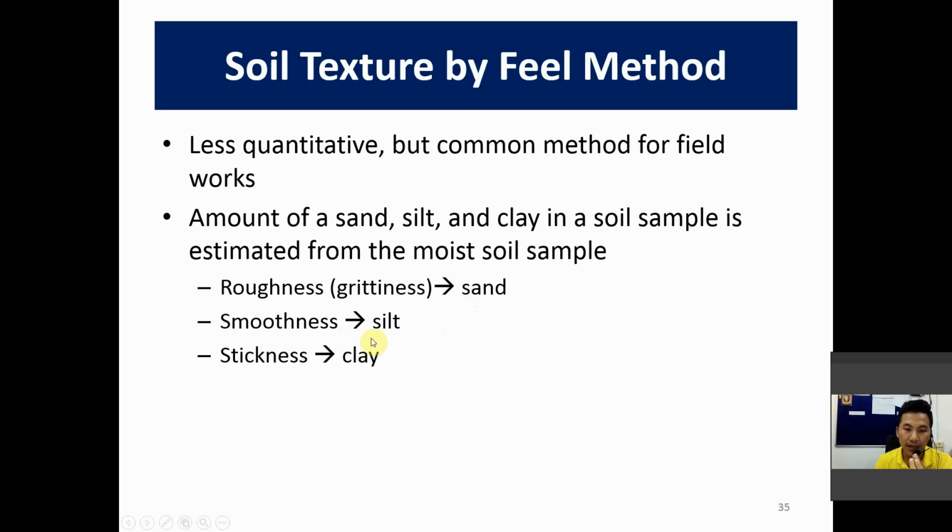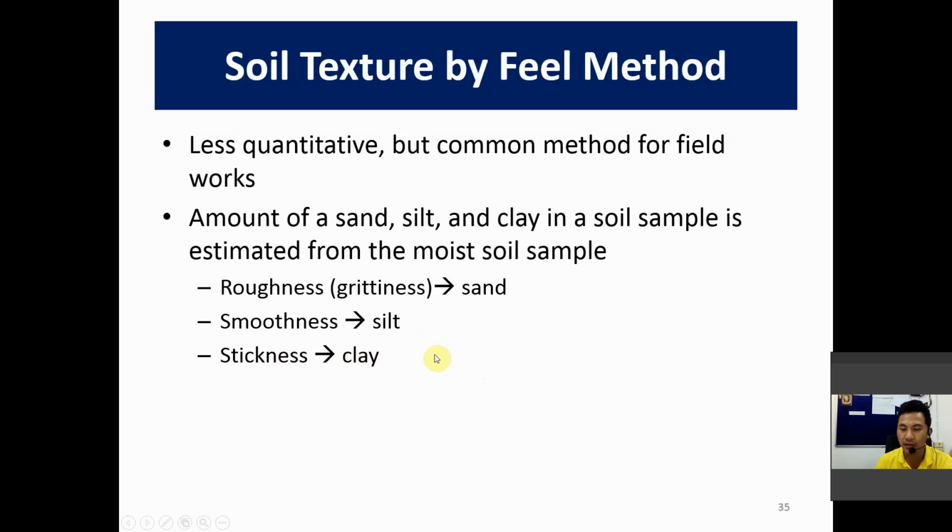Silt feels smooth; it's really fine in texture, but not sticky like clay. It's smooth like silk, and we call it silt of course, but it's the same as silk because it's really smooth. And I bet you will be able to check silt particles in the lab for sure. And stickiness, of course, for clay.